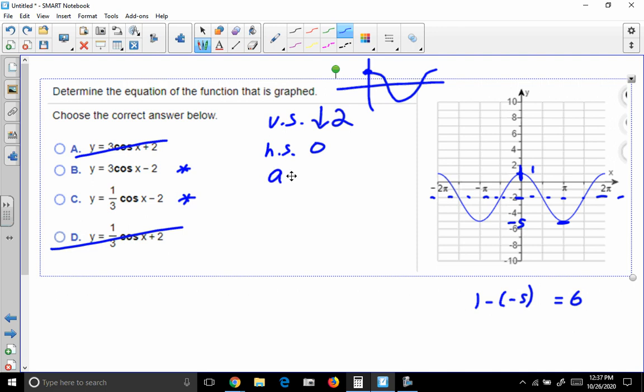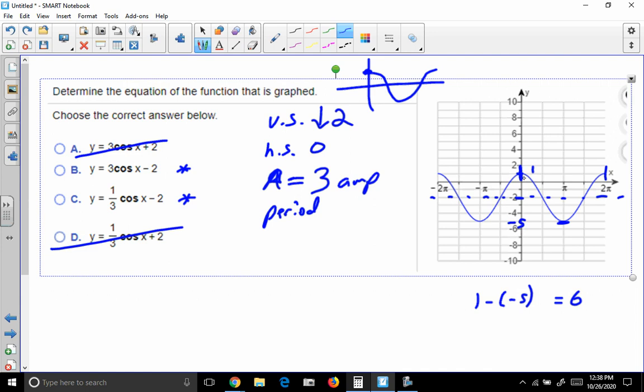Our amplitude, remember the amplitude is the distance from equilibrium to the top or to the bottom. So we already said that that distance from equilibrium to a peak or trough is 3 units. So that's A. And then our period is the distance from one peak to the next, or we could say from 2 corresponding points on the wave.